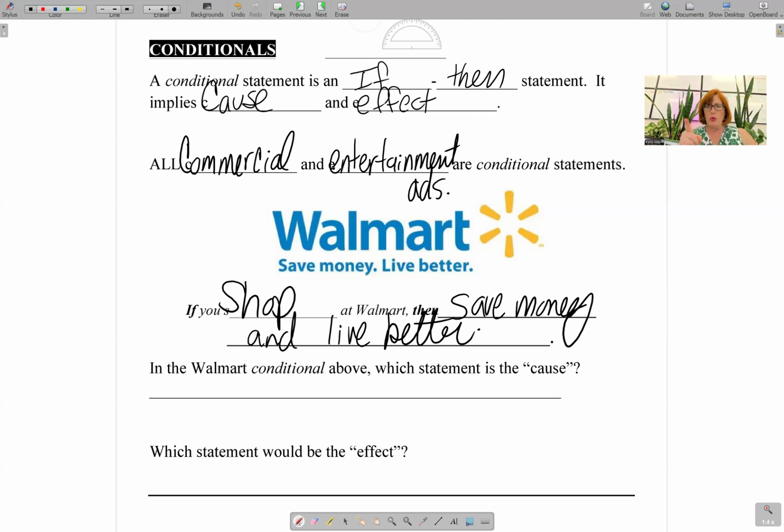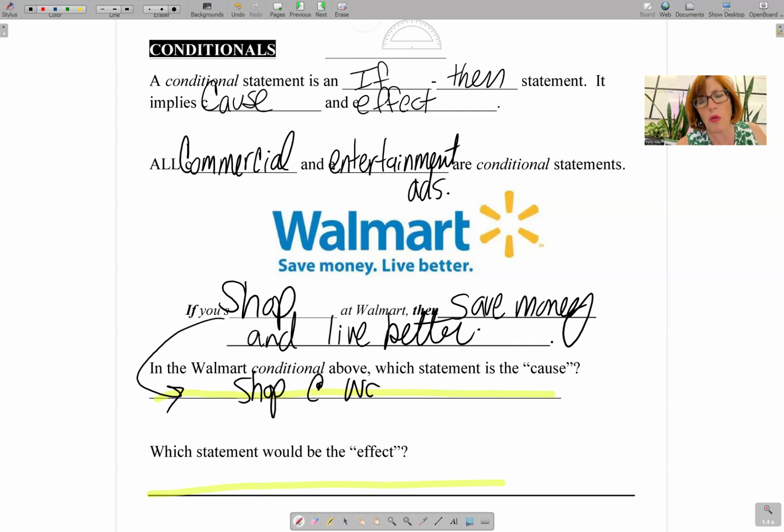I would like you, in 10 seconds, you should be able to do this super quick. It's very obvious. I'd like you to spot what is the cause and what is the effect. Go. 10 seconds. Write it down. So the cause here is, of course, shopping at Walmart.